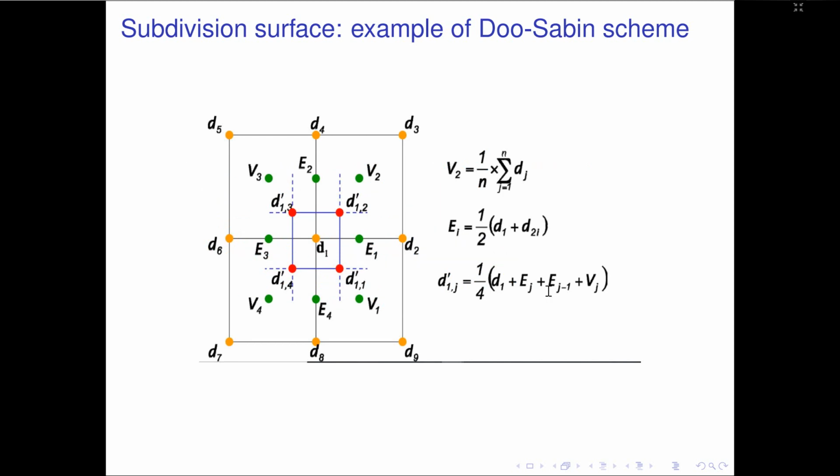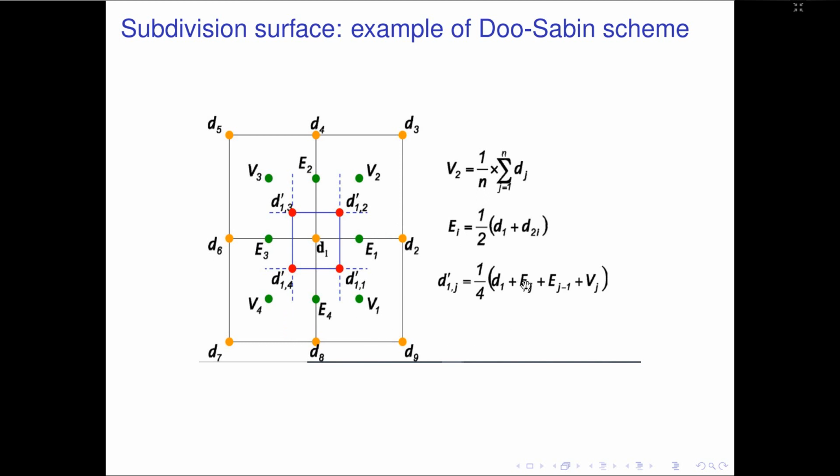The Doo-Sabin scheme starts with an initial mesh D1, D2, D3, D4, D5, D6, D7, D8, D9. So this is the initial mesh. The first step is to calculate the midpoint of each edge, which we denote by E1, E2, E3, E4, etc. Afterward, calculate the centroid of each face, which is denoted by V1, V2, V3, and V4.